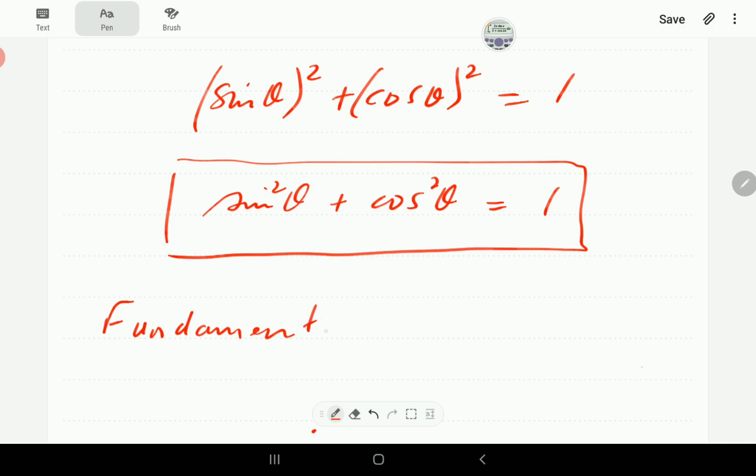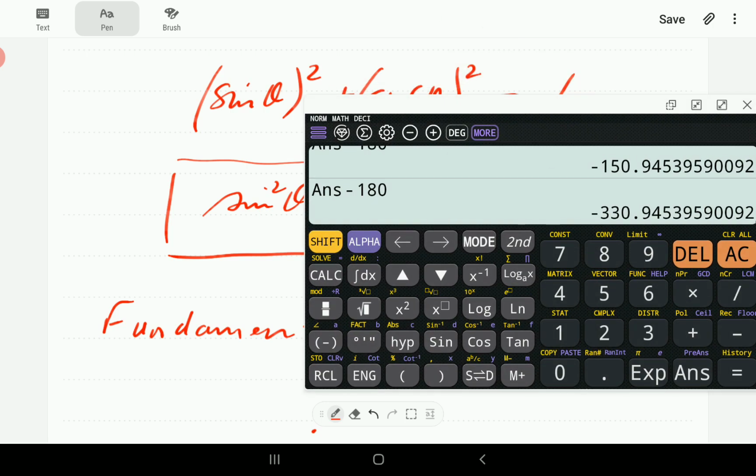It says if you take any angle and do the sine, square that, do the cosine, square that, and add the two, you always find the final answer is going to be 1. So let's demonstrate.